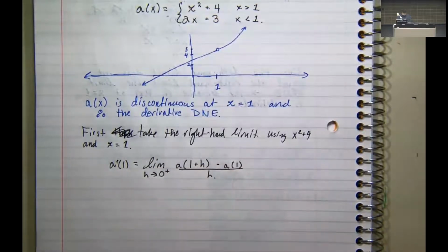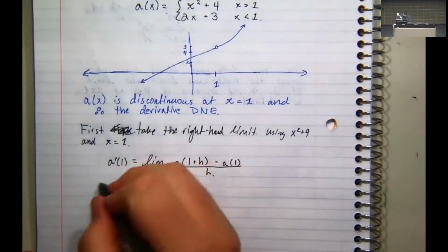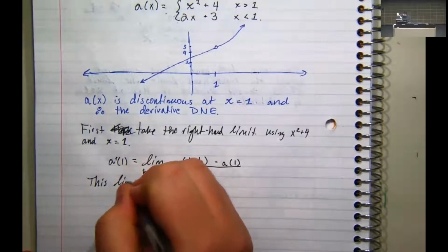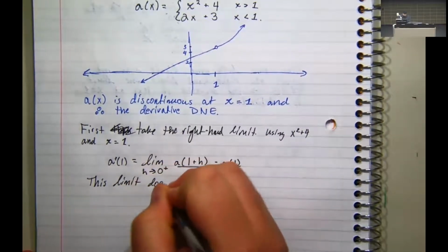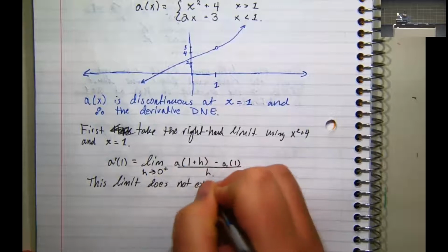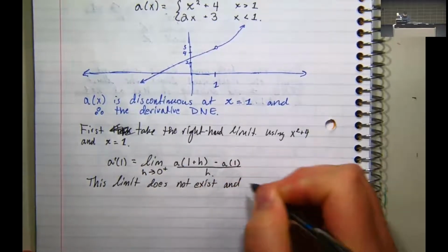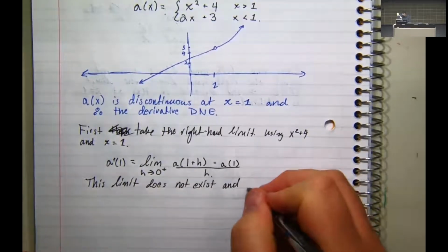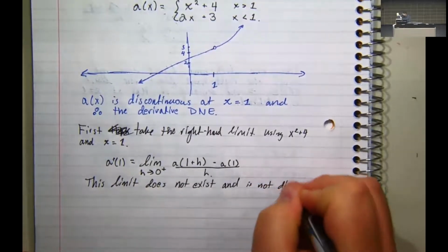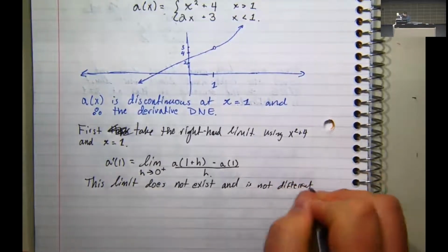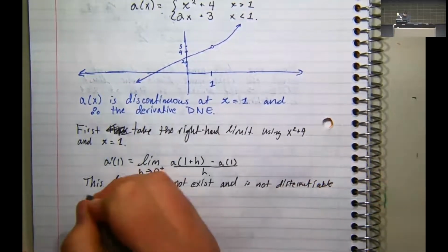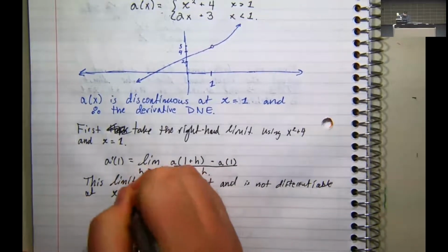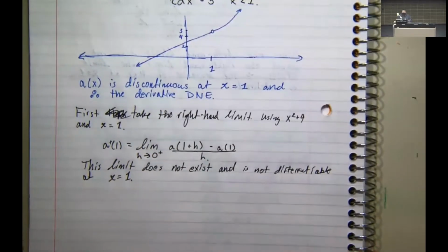This limit does not exist, and it is not differentiable at x equals 1. Since one side of the limit doesn't exist, we already know the entire limit also doesn't exist.